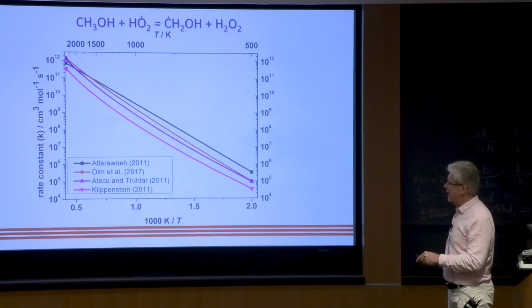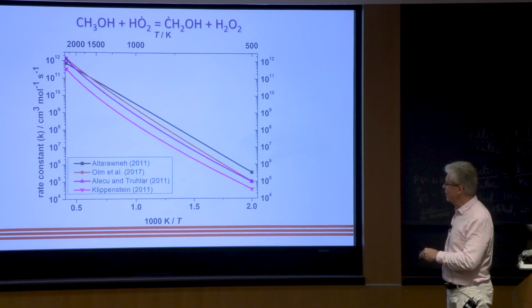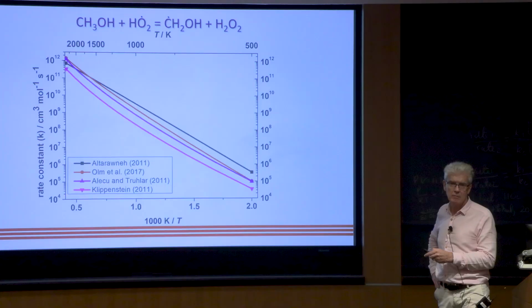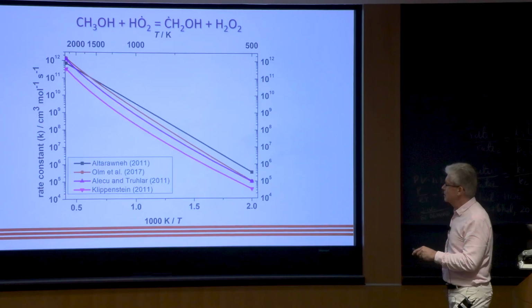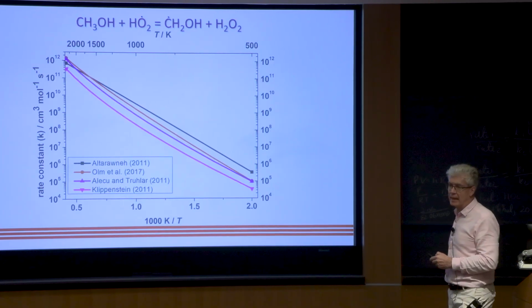And then Eleku and Truller did a quantum chemistry calculation similar to that of Dr. Klippenstein, and his rate constant has a similar activation energy, but is nearly an order of magnitude faster, right? And there's an Alterawa-Ne calculation also, which is faster again.